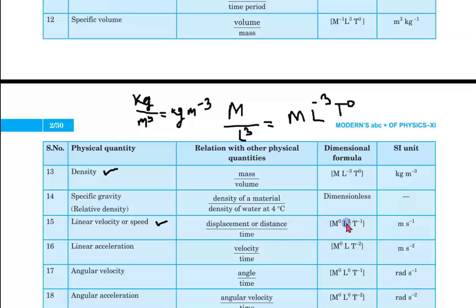Distance is meter, meter 1. If it is 1, no need to write 1, just write L. Instead of M0, I can just erase M, so I have only L T minus 1. It may be more appropriate. L T minus 1, and the minus 1 means T is in the numerator.